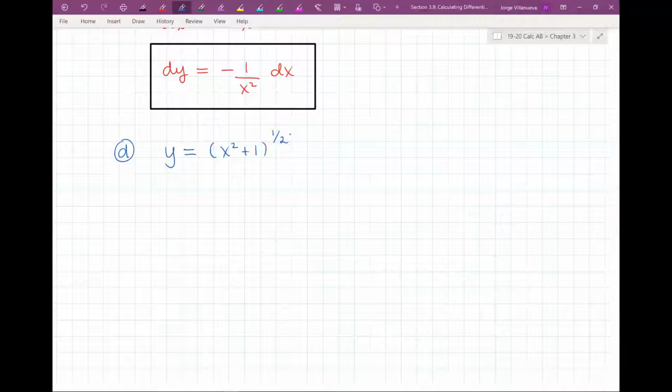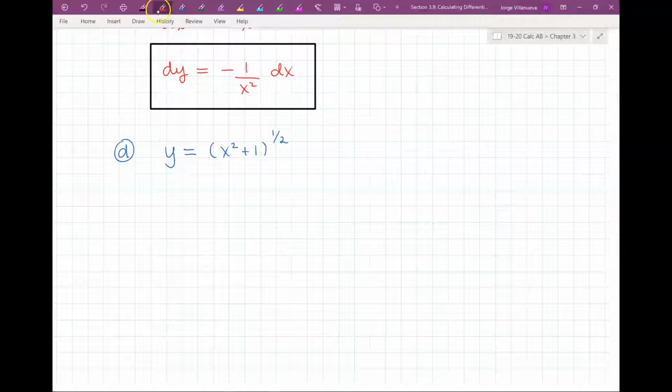Notice we have a half power, which is basically a square root, and then we have a quadratic inside of the parentheses, so that tells you you're going to have to do a chain rule, because there's something inside of that parenthesis other than just a singular x. So I have to use a chain rule.